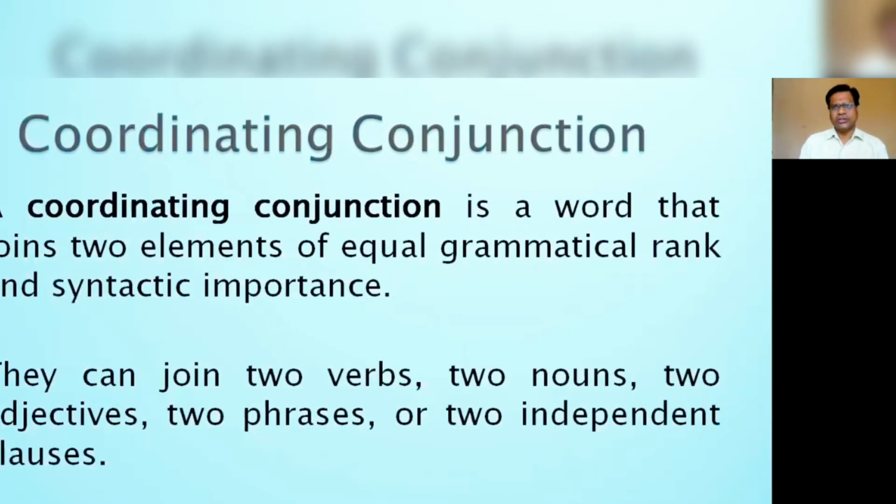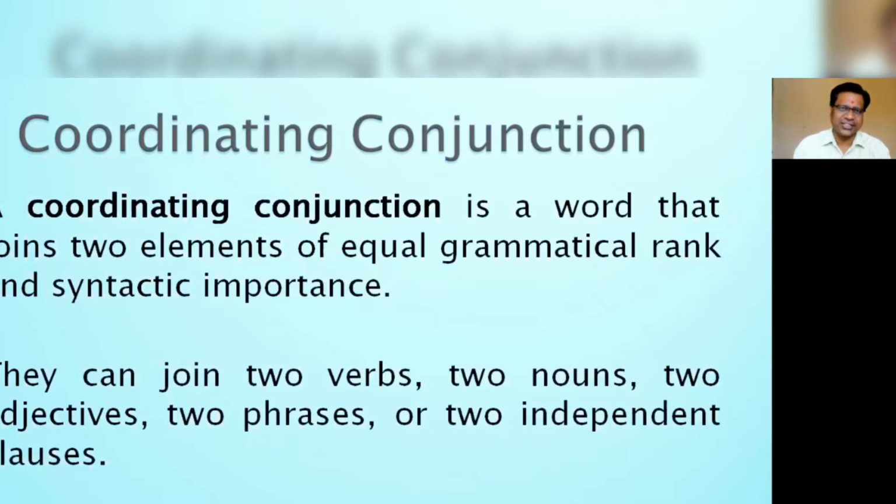Let us talk about a coordinating conjunction. What do you mean by a coordinating conjunction? A coordinating conjunction is a word that can join two elements of equal grammatical rank and syntactic importance.